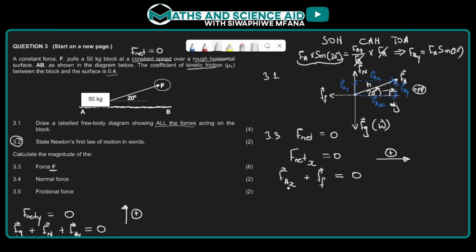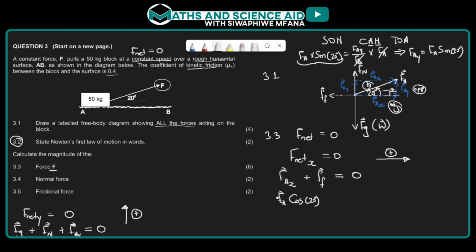This means that we can write Fa of x as Fa multiplied by cosine of 20 degrees, because the trig ratio that can relate this adjacent side to the hypotenuse side is cosine. So adjacent and hypotenuse can be related with cosine.